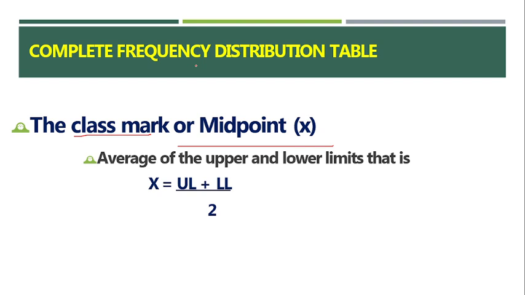When we refer to the midpoint, we commonly use the starting point and the last point, then divide by 2 to get the middle. If you have 4 plus 6, that becomes 10, and if you divide it by 2, the middle one would be 5.